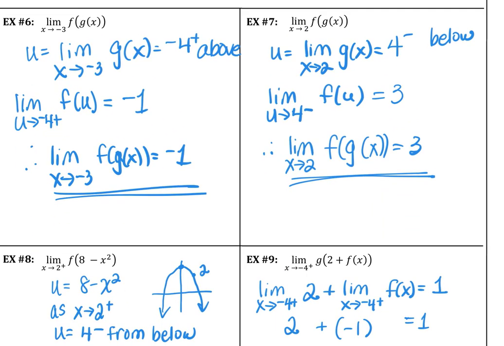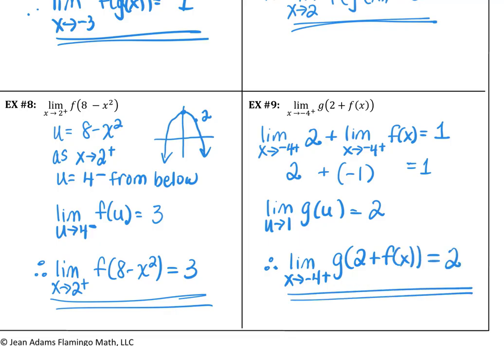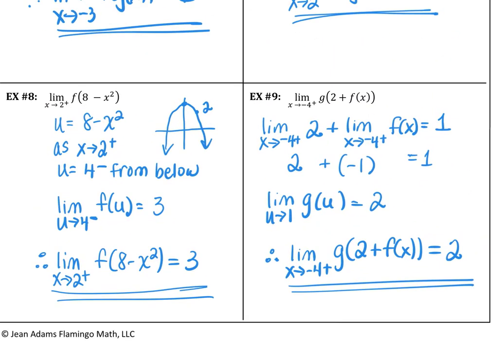So the trickiest kind of all is when there's other things going on in that inside function. Therefore, the limit as x approaches -4 from the right of the g of 2 plus f of x composition is going to be 2. And that, my friends, is some really tricky limits of composite functions.